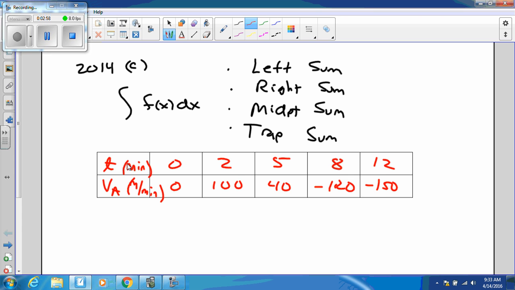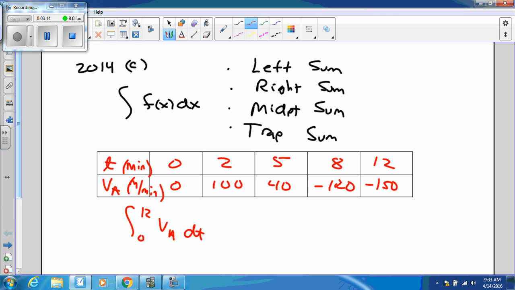But we're going to focus just on the integral part right now, and then we'll focus on what it means, and that's where the starting position will become relevant. So, if I want to estimate the integral from 0 to 12 of v(t) dt using a left sum, right sum, or midpoint sum, I need to first of all partition.